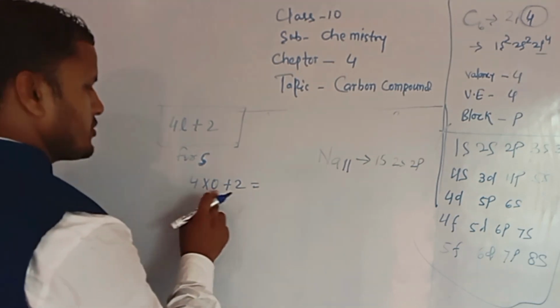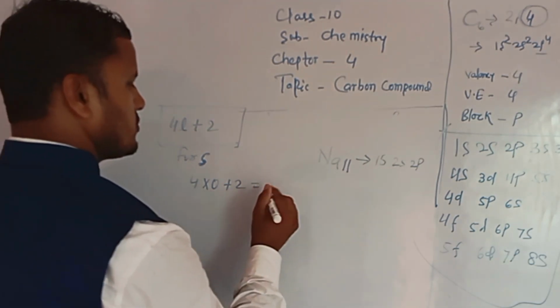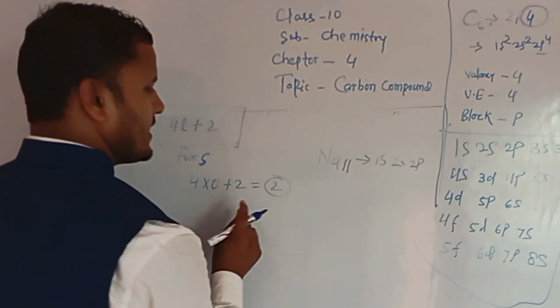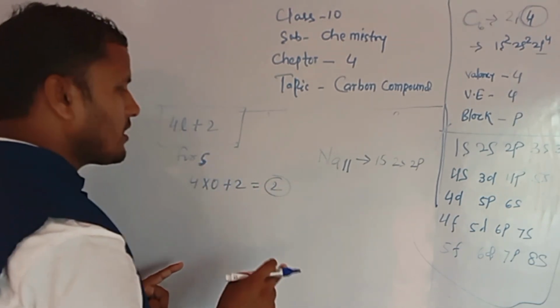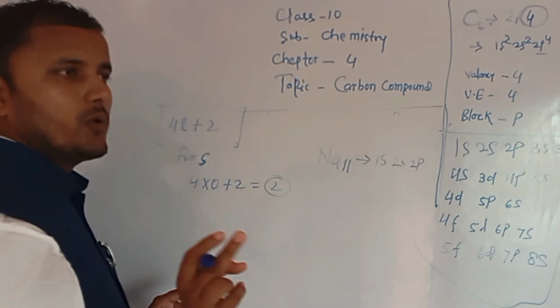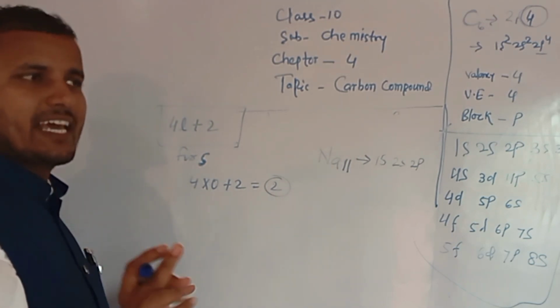What? 4 into 0, 4, 0 plus 2. Then this becomes 2. It means in an s block, only two electrons can live.